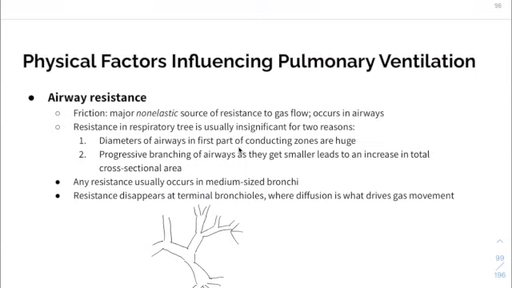Whenever we breathe in, the diameter of all those airways actually gets bigger with every breath in. But as air continues to travel down into the different airways all the way down to the alveoli, everything decreases in size over and over again. We cannot see alveoli with the naked eye. That's where we have to use microscopes.